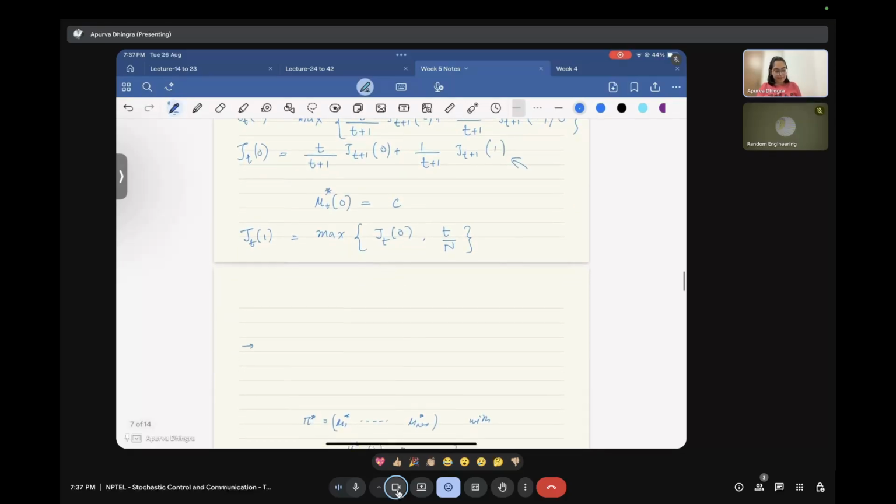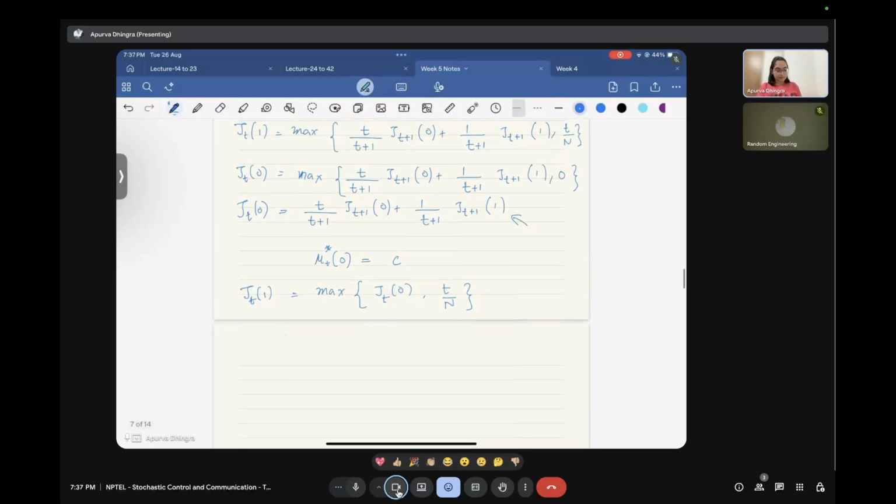You can clearly make the argument that if t over n is greater than Jt of 0, that's when the action ut of 1 that you'll choose would be to quit.